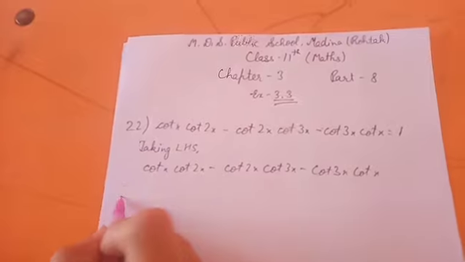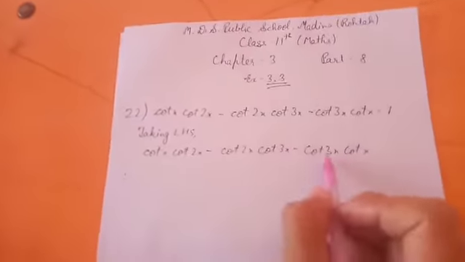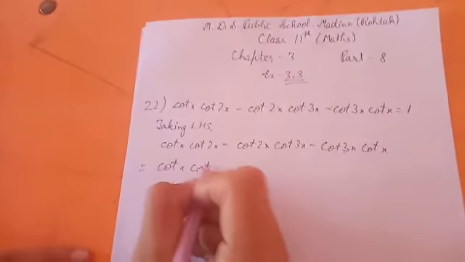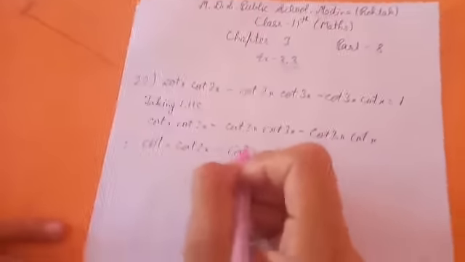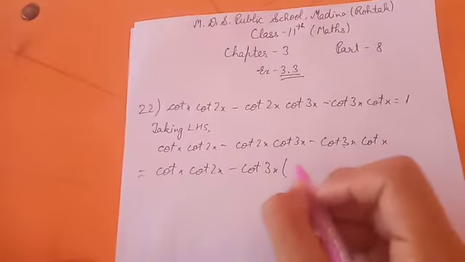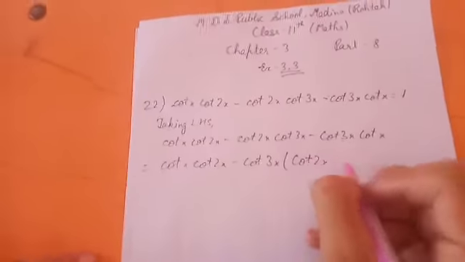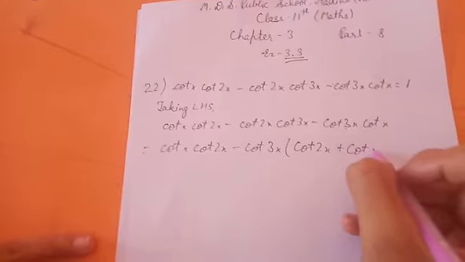Okay, now what we can do, we can take cot 3x common from here. So we get cot x cot 2x minus cot 3x common, cot 2x plus cot x.